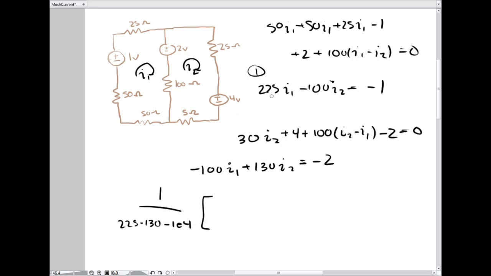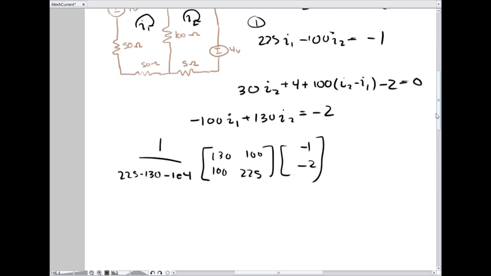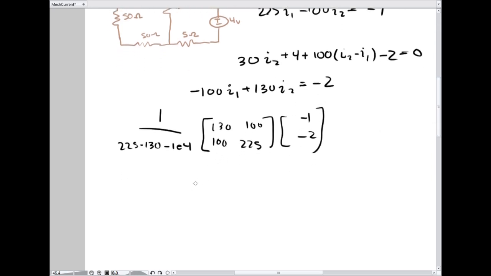And then this diagonal, you switch places. The minus diagonal, you just put on minus signs. And then we multiply this by the other side with minus 1 and minus 2. I'll do the matrix multiply first.